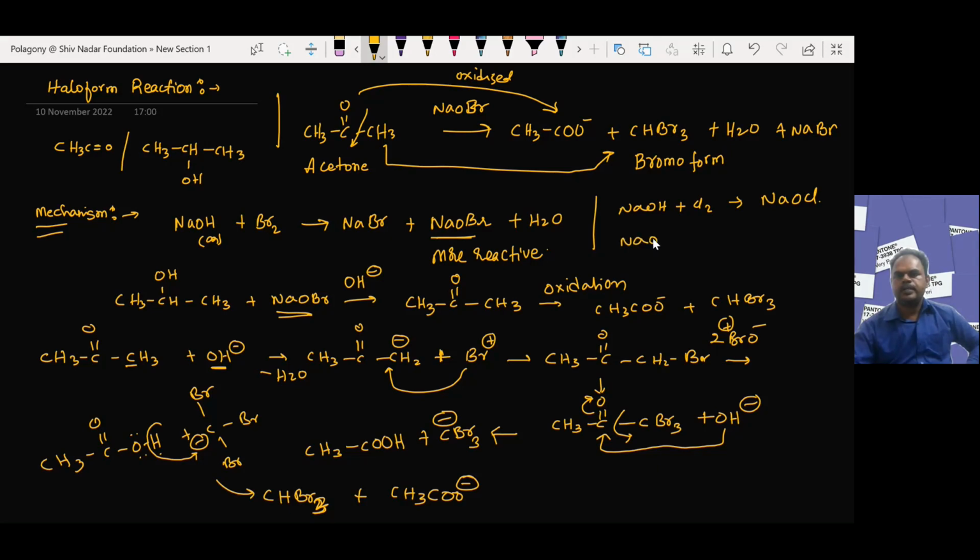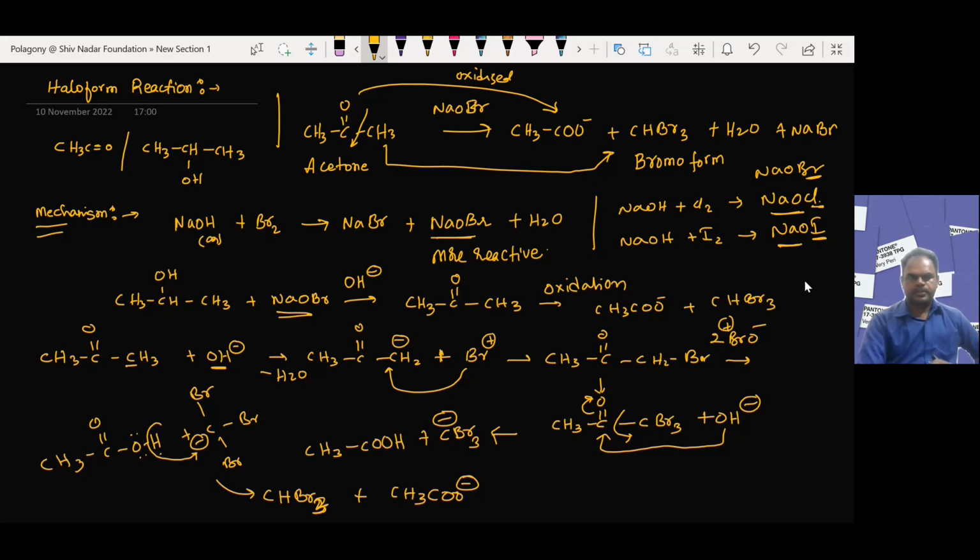Or when NaOH plus iodine is taken, we get NaOI, sodium hypoiodite. This is the oxidizing agent, and the iodine, chlorine or bromine is added to the carbon by the electrophilic substitution reaction method.